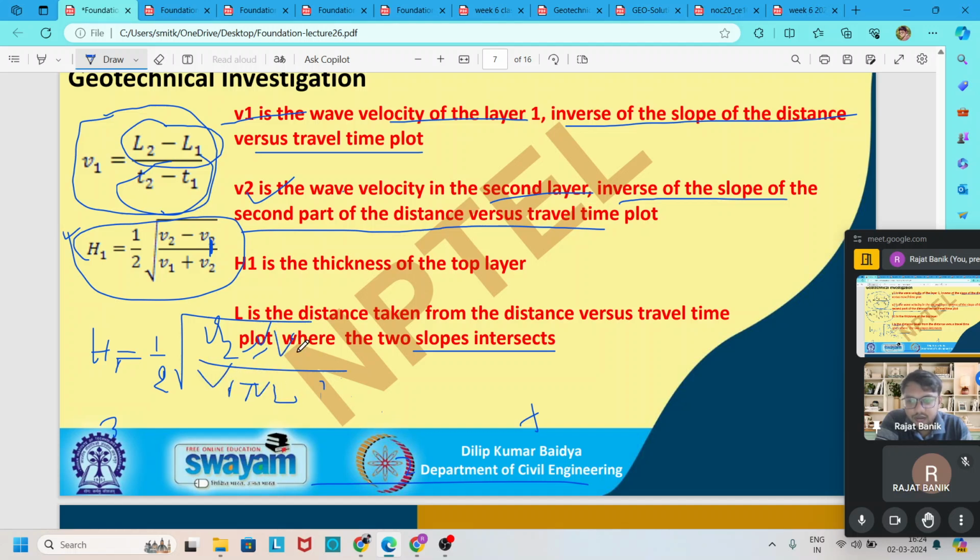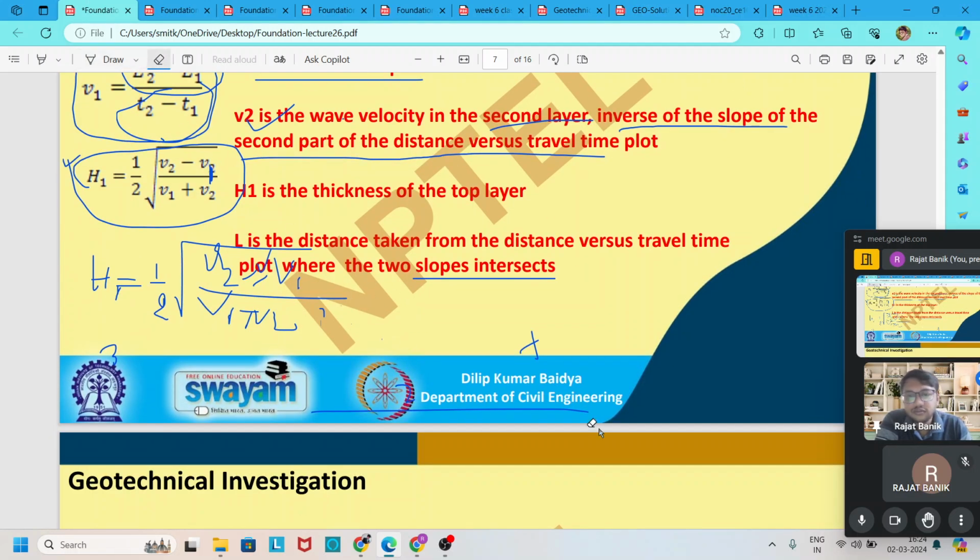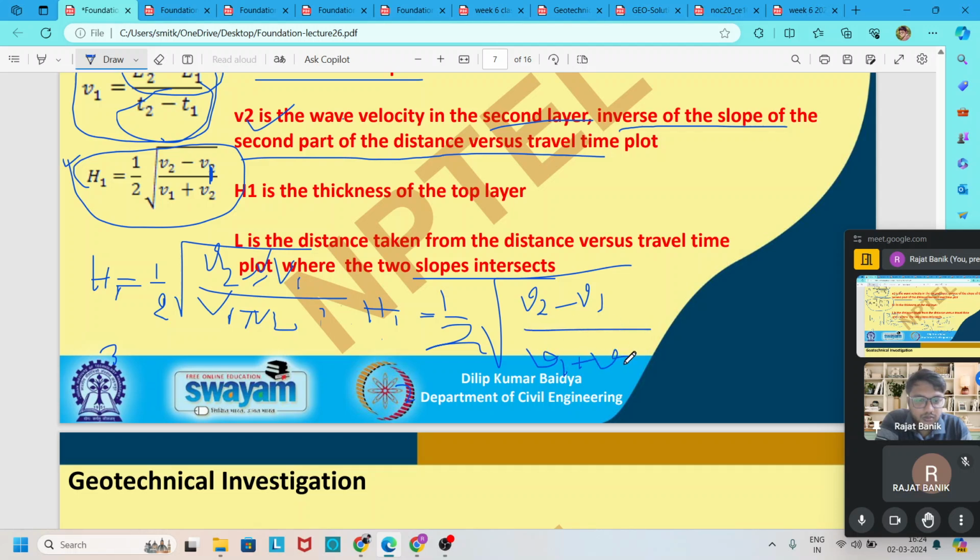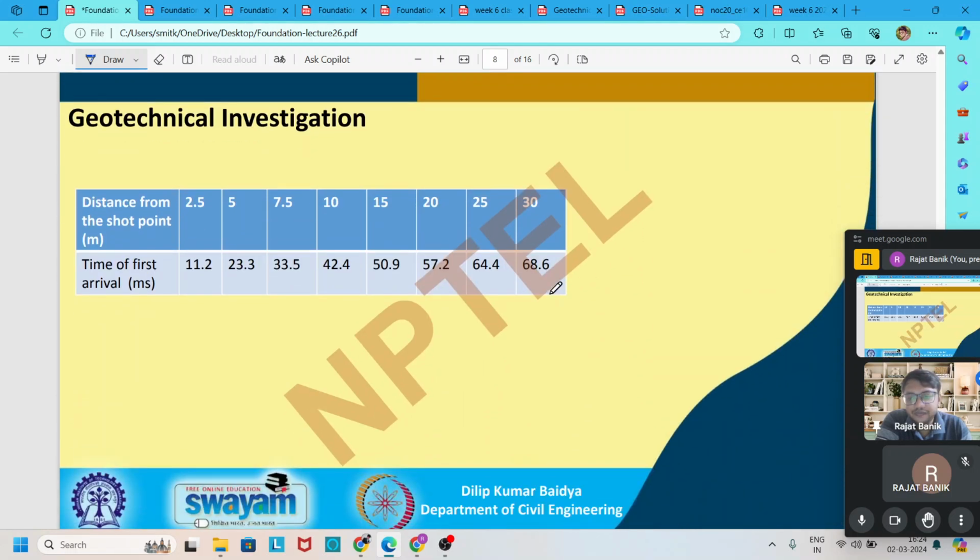There is a little adjustment here. I am writing again: H1, the thickness of the first layer, is equal to half of root over (V2 minus V1) divided by (V1 plus V2). By this formula we find out the thickness of each layer.